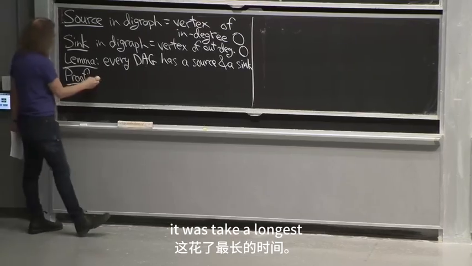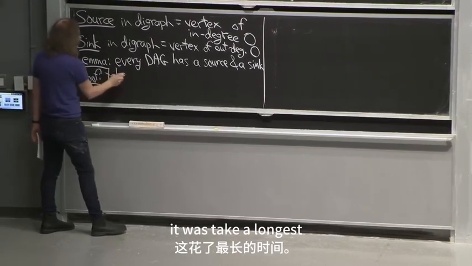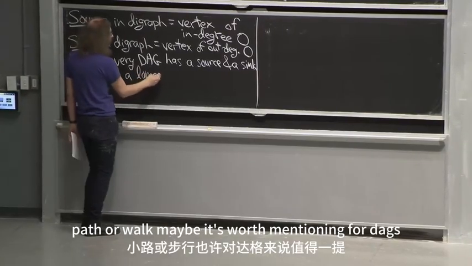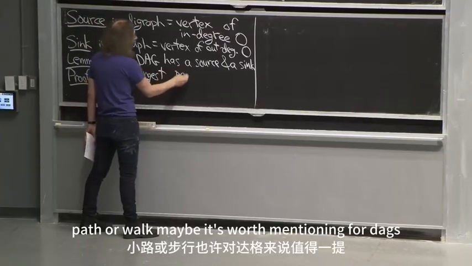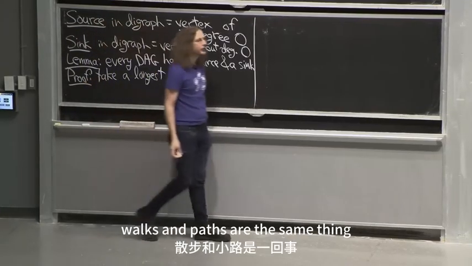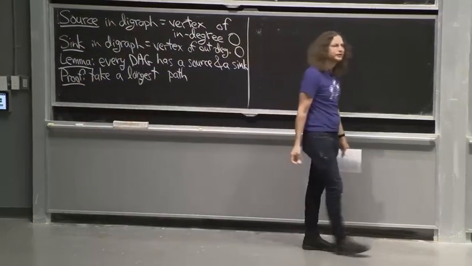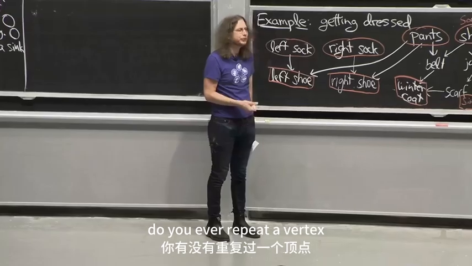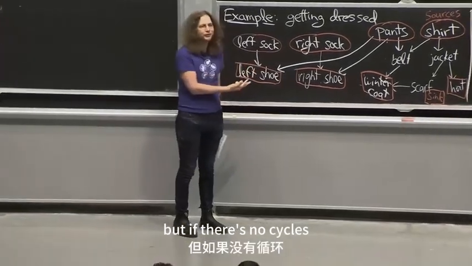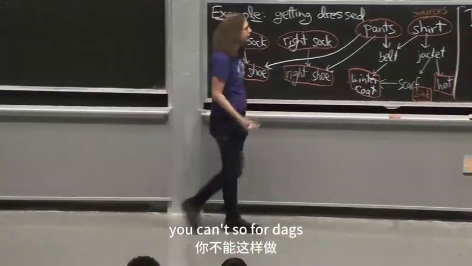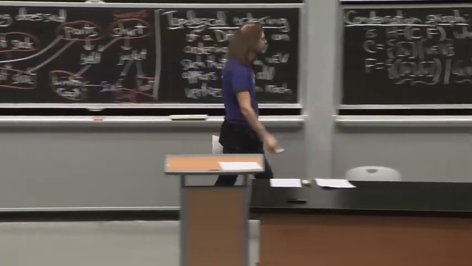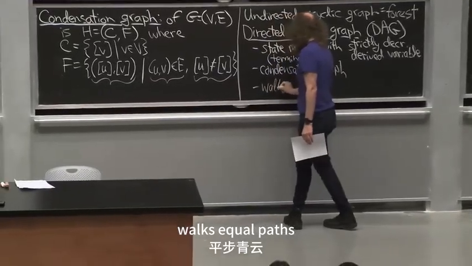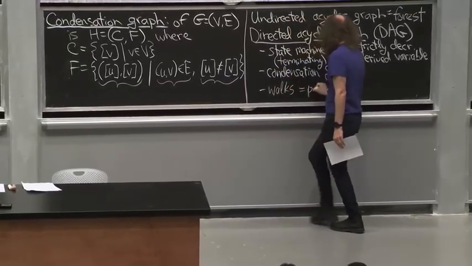It was take a longest path or walk. Maybe it's worth mentioning, for DAGs, walks and paths are the same thing. Because the thing we were worried about with paths is, do you ever cycle? Do you ever repeat a vertex? But if there's no cycles, you can't. So for DAGs, walks equal paths, which is nice.